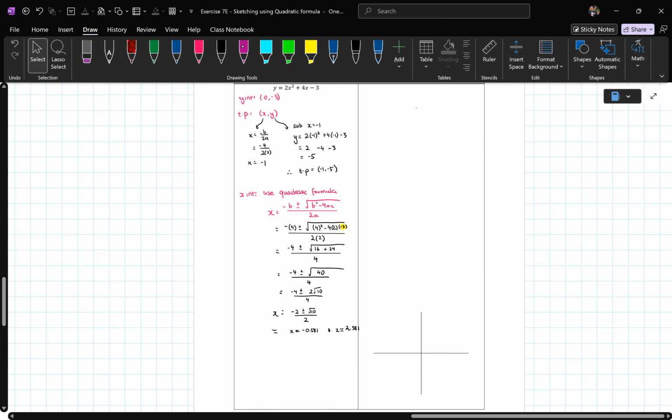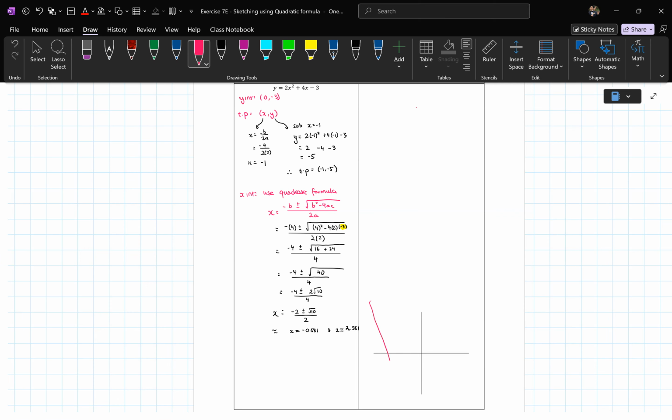Turning point, y-intercept, says negative on the bottom, turning point, so it probably looks something like this. Does that look good? No, not really. Let's make it more like this.